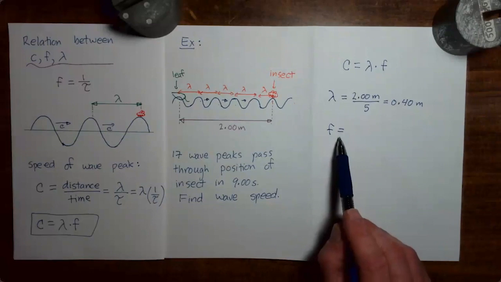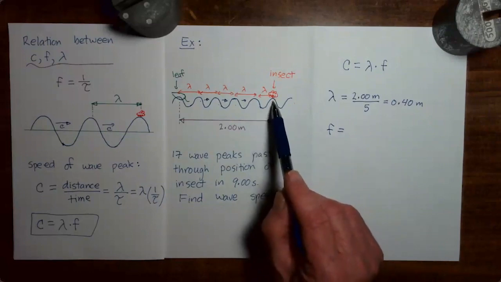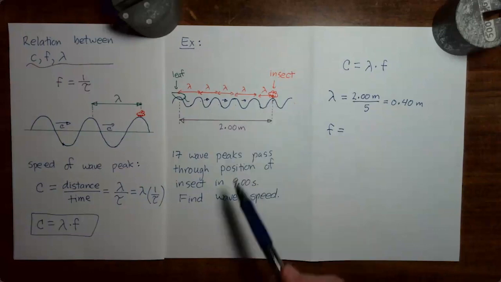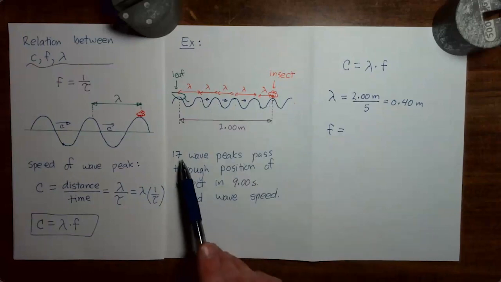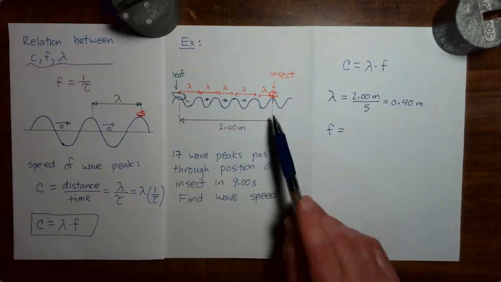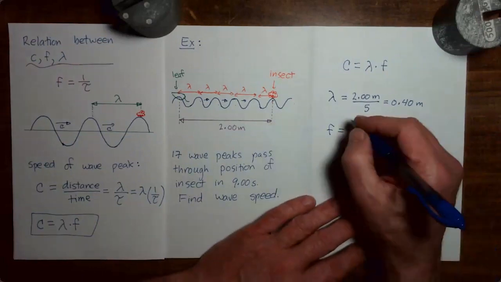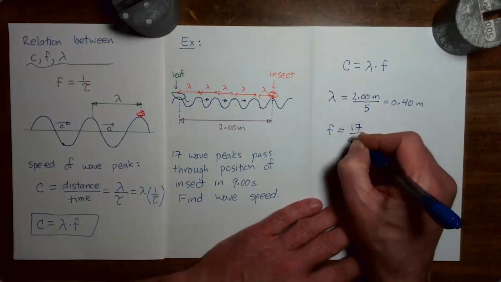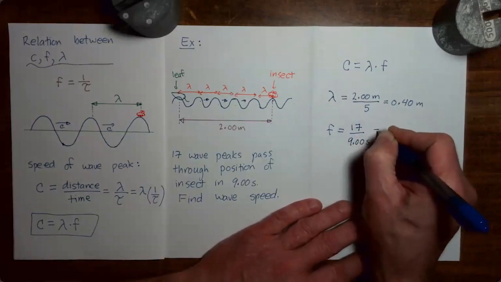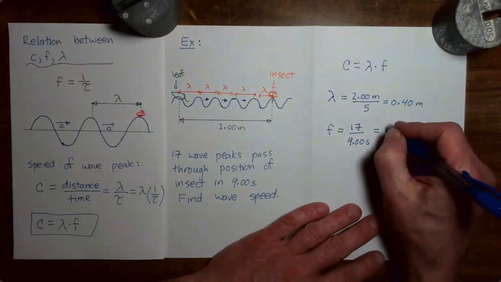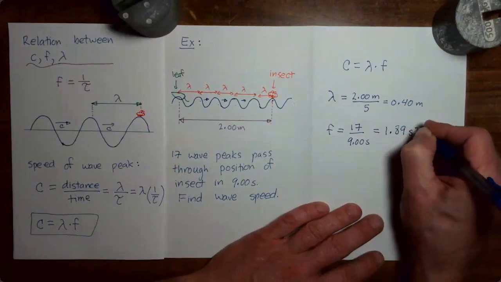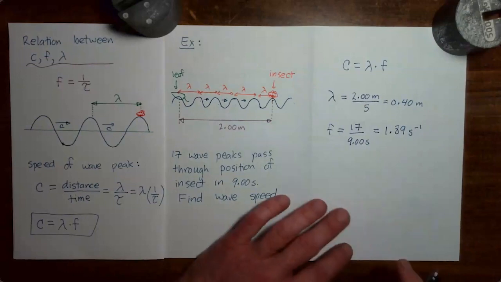As for the frequency, it would be the number of wave peaks per time arriving at the position of the insect. We are given that 7 wave peaks arrive at the insect in 9 seconds, so we can say that the frequency is 7 divided by 9 seconds. Putting that into my calculator, I get 0.78, and then the unit of frequency is inverse seconds.